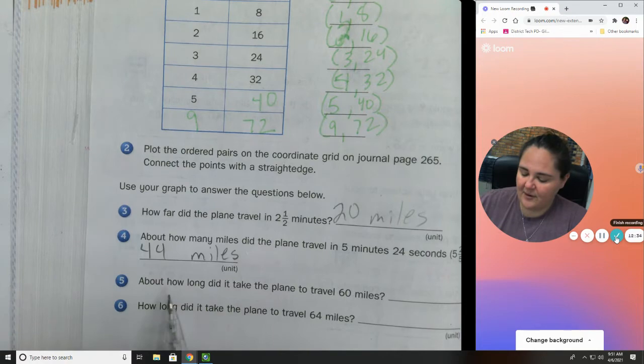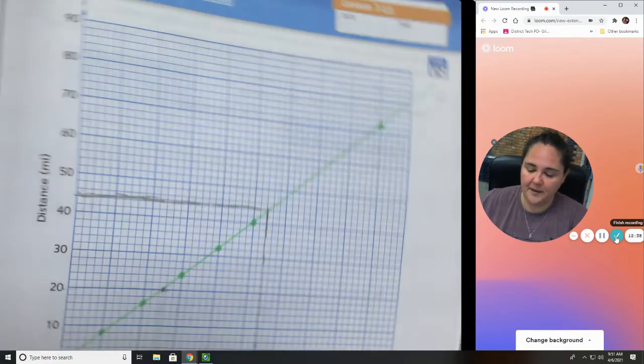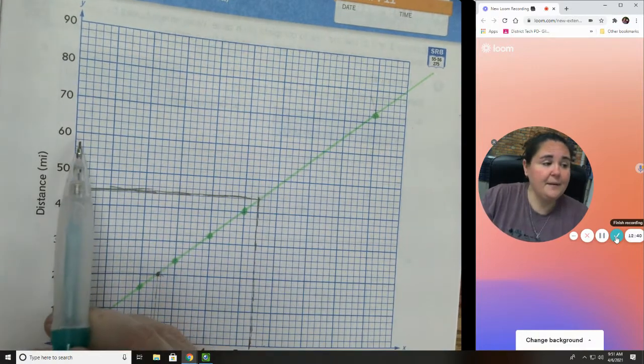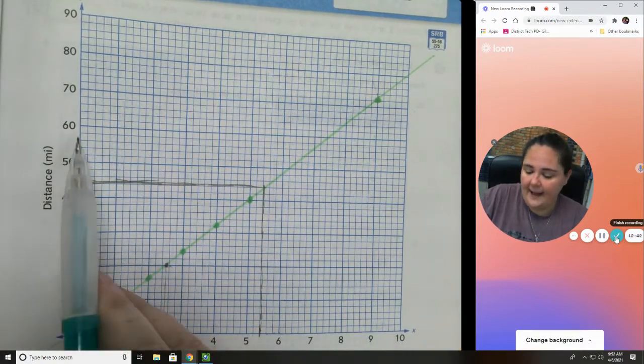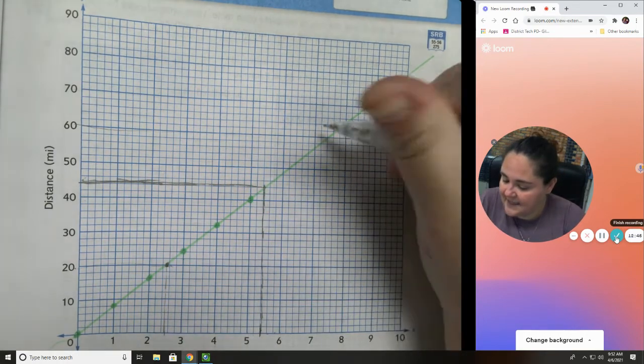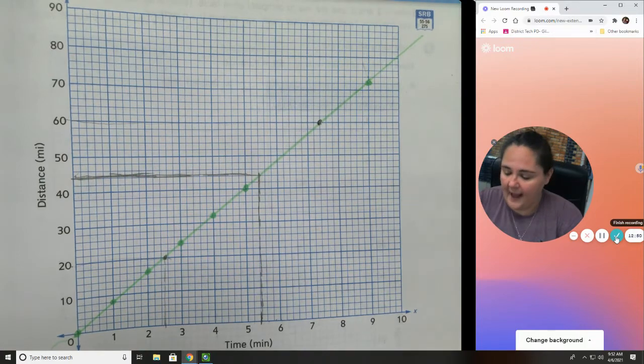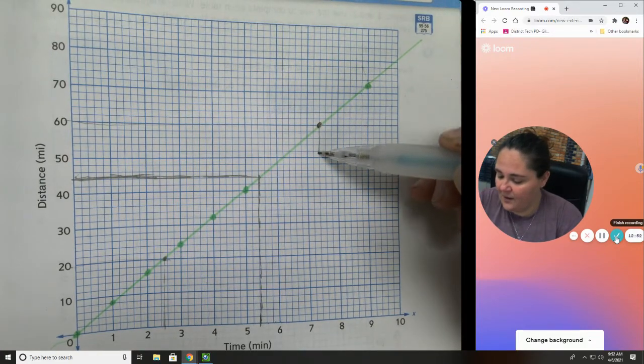It says, about how long did it take the plane to travel 60 miles? Okay, so I'm going to go up here to 60, and I'm going to do it the opposite way. I'm going to follow the 60 line all the way across, and I see that it hits right here. I'm going to follow that line all the way down.